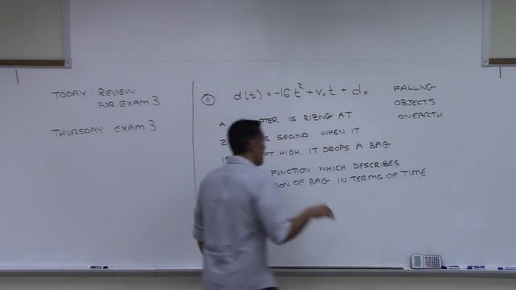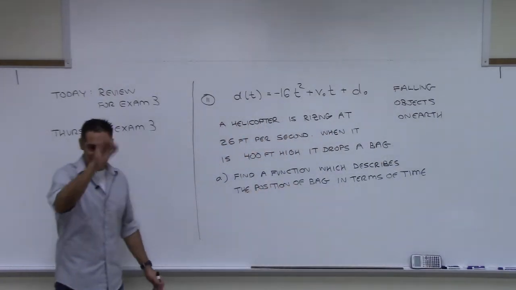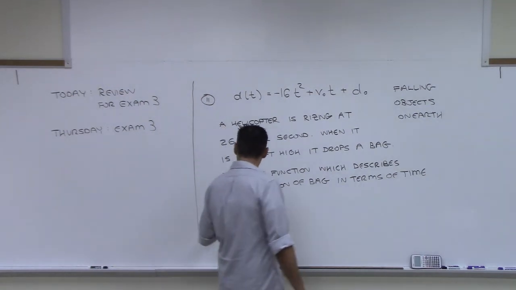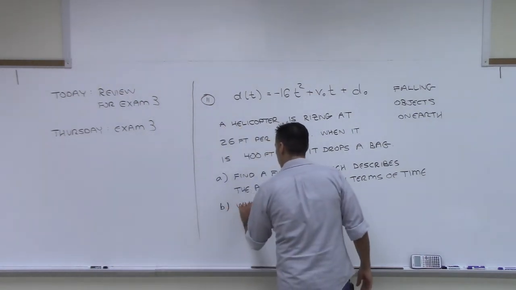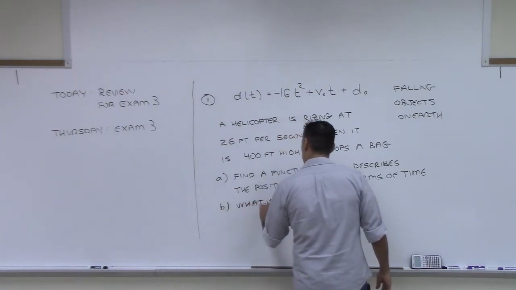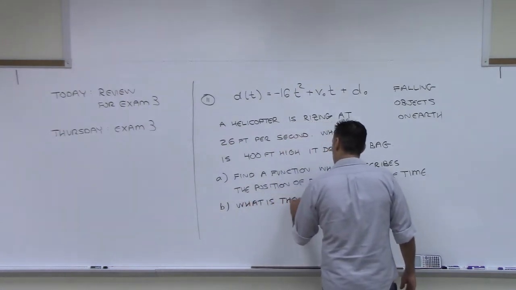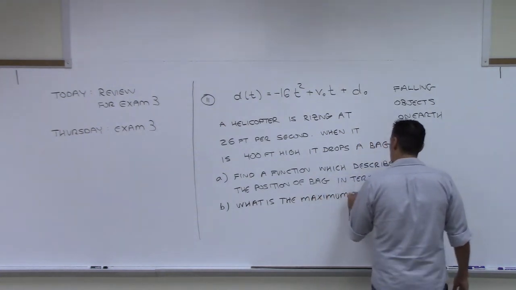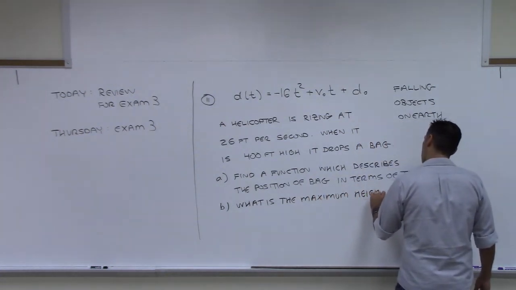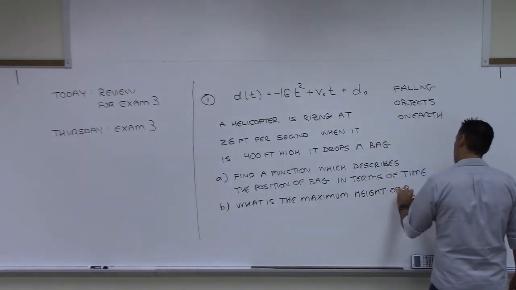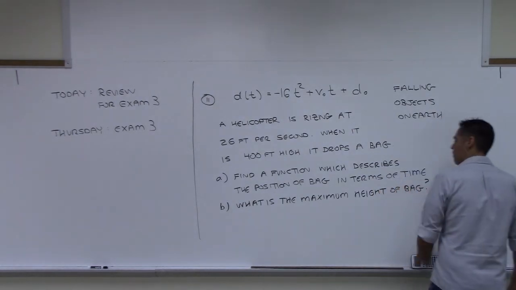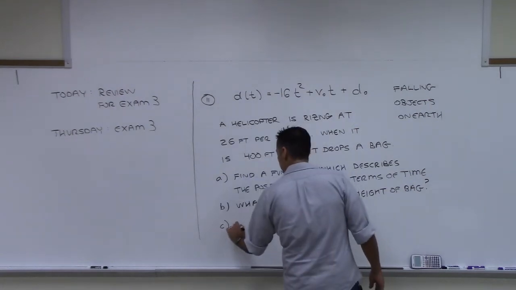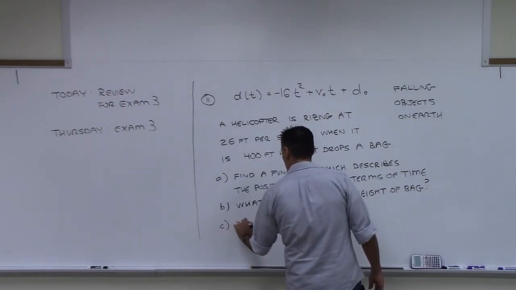First, we're going to find a function which tells us where the bag's going to be at every point in time. Then I want to know the maximum height of the bag. And I want to know when does it hit the ground.